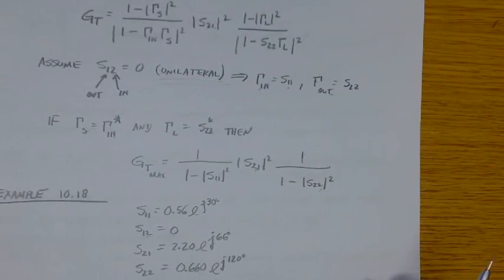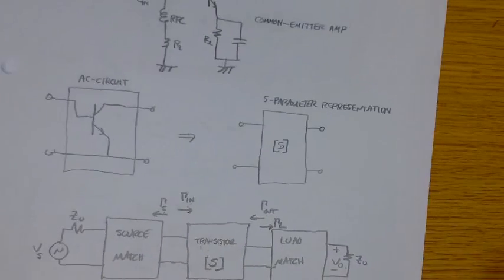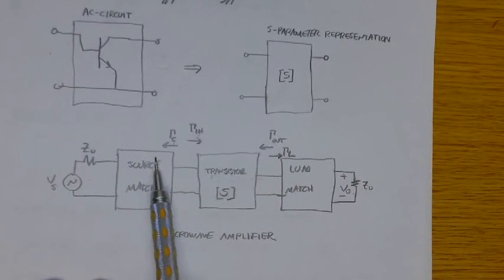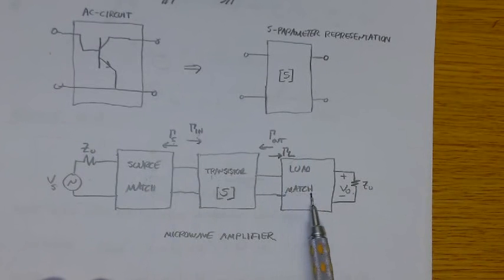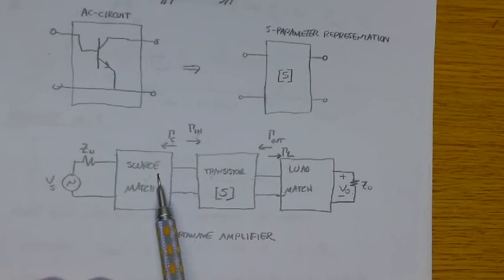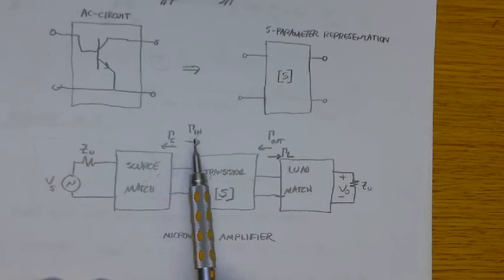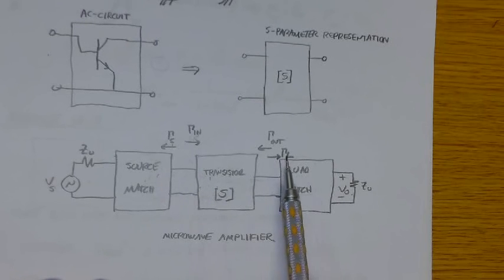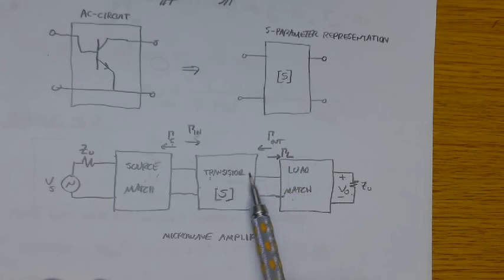Okay, so that's the task at hand, just as I mentioned earlier. Looking at this, the task at hand is to design this source matching network and this load matching network so that the reflection coefficient looking into the source matching network is the conjugate of that looking into the transistor, and the reflection coefficient looking into the load matching network is the conjugate of that looking into the output of the transistor.